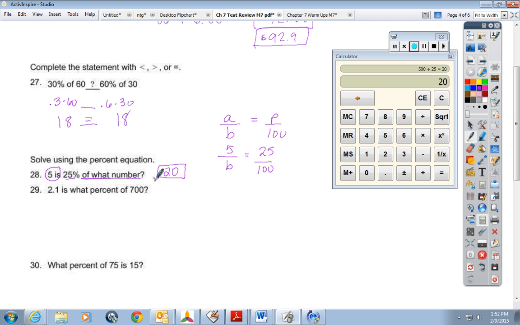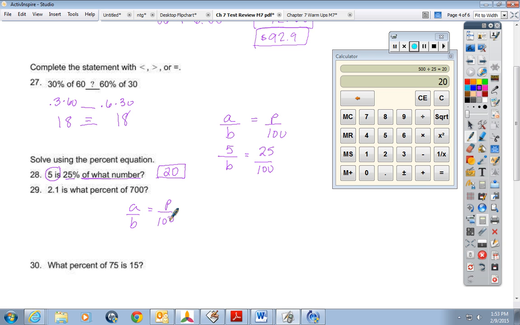Yes. On 29, A over B is P over 100 again. Now, do I have two numbers or do I have a number and a percent? Two numbers. Okay. Therefore, which letter am I solving for in this one? P. Now, which number goes for A and which number goes for B?